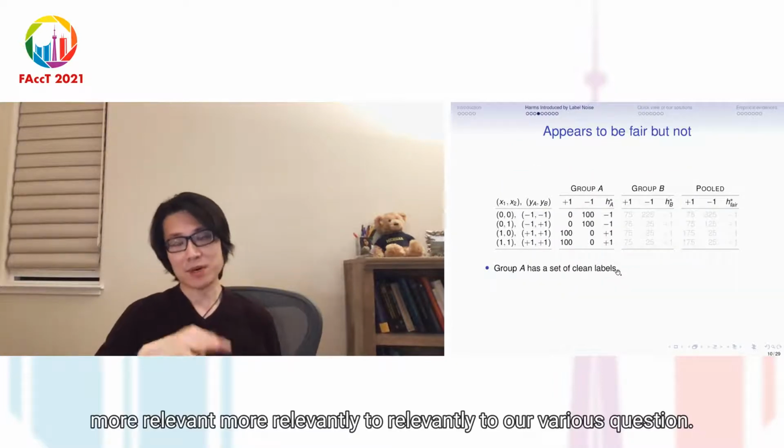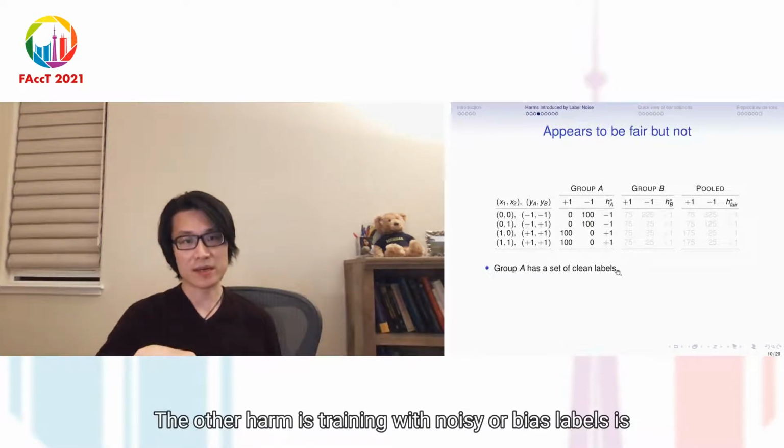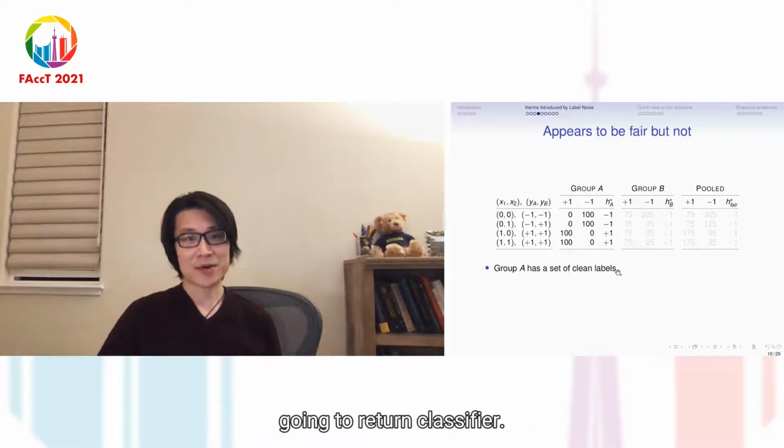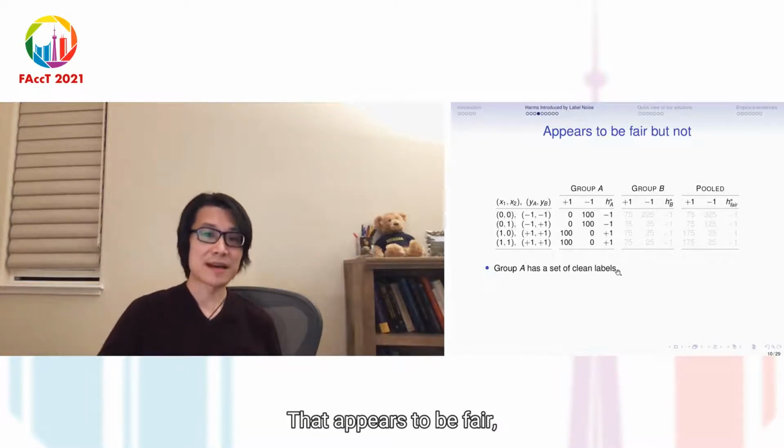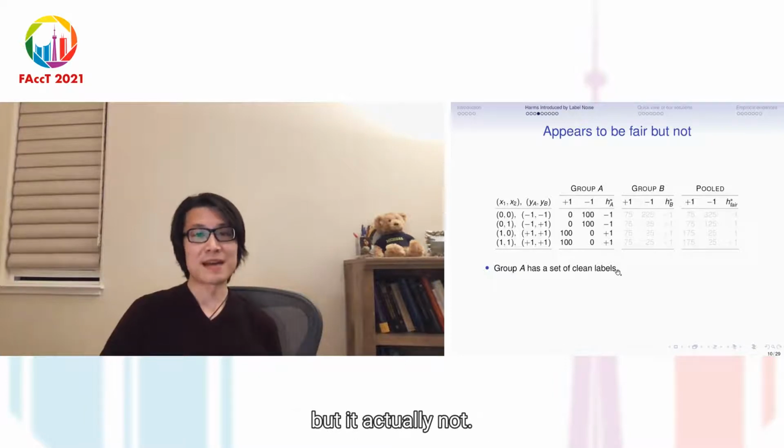More relevant to our fairness question, the other harm is that training with noisy or biased labels is going to return a classifier that appears to be fair, but actually is not.